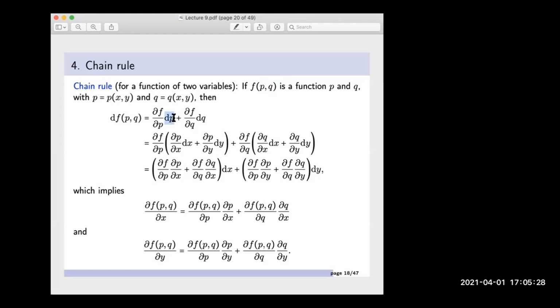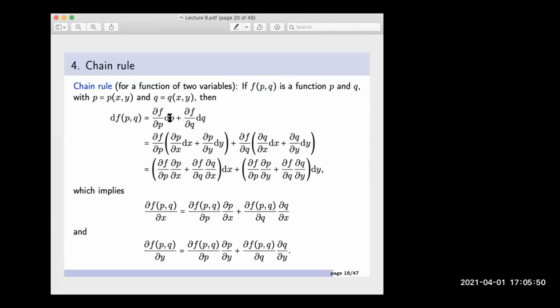If p changes by this amount, dp is the change of p, dq is the change of q, then the function changes by this amount. It consists of two parts. Now you can further look at what's dp.